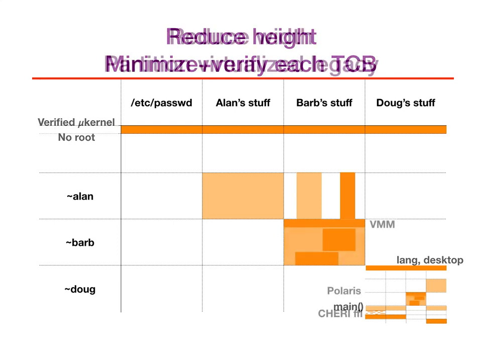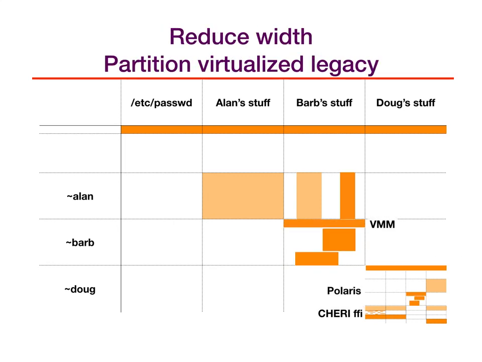However, legacy itself is also not amenable to formal verification. It's just all of this crappy old code, a lot of it in C++, that you never have any hope of verifying. But what you can do is put it in a box and divide it up into multiple boxes, do a separation of powers where Barb takes the different programs that she's running and puts them into separate virtual machines, and then gives each virtual machine only the authority needed for the programs that are running in that virtual machine.